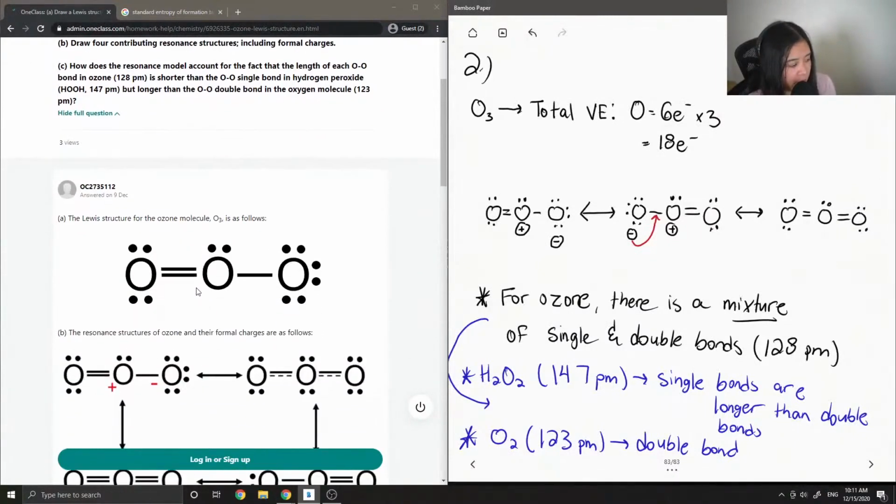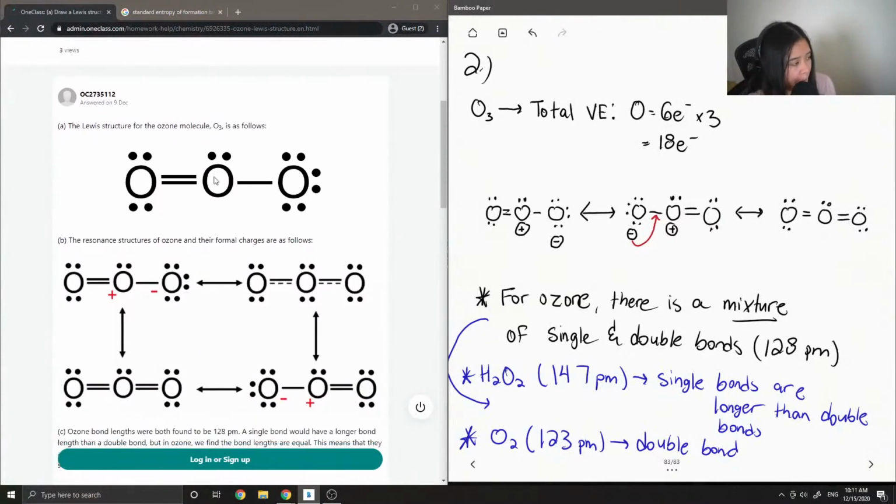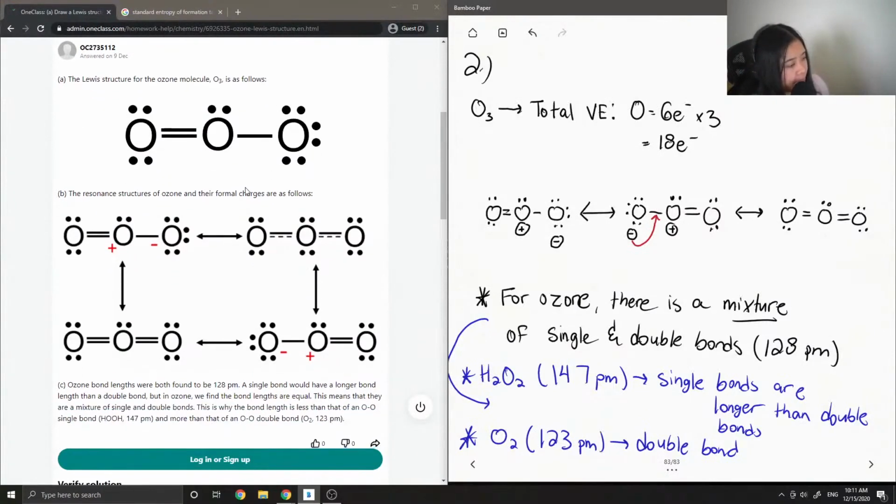Okay, so let's see what the junior tutor said. The Lewis structure for ozone O3 is as follows. So they have the double bonded oxygen, and then one in the middle, and then a single bond. The resonance structures of ozone and their formal charges are as follows. Yep, so they have something similar.